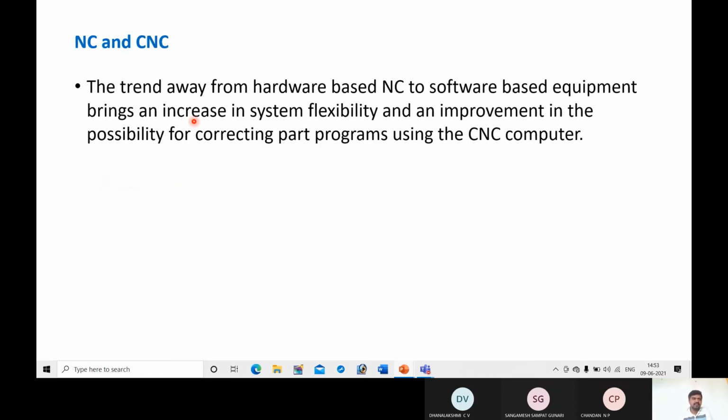Next, NC and CNC. The trend away from hardware-based NC to software-based equipment brings an increase in system flexibility and an improvement in the possibility for correcting faulty programs using the CNC computer. If you compare with earlier days, when we were using CDs and tapes for storing information, the devices which we use now are more flexible.